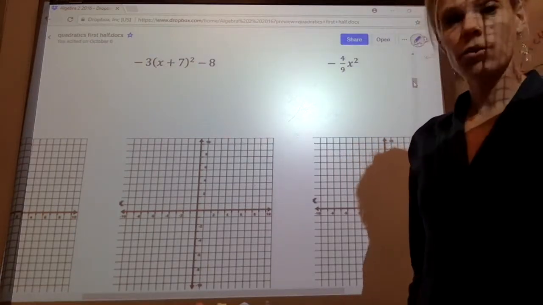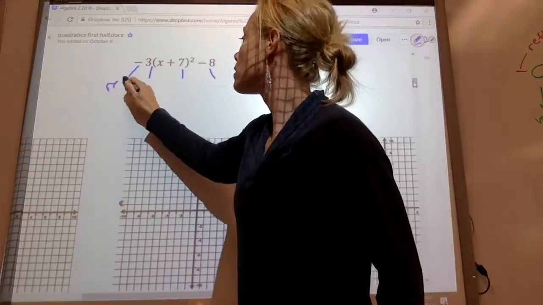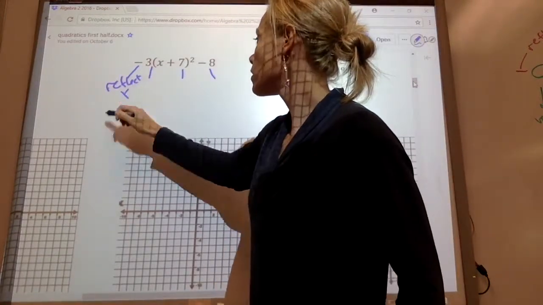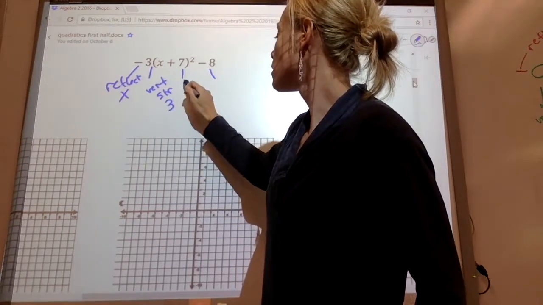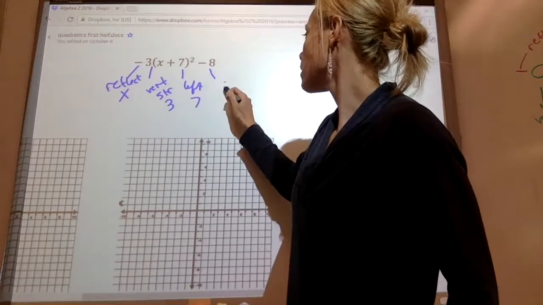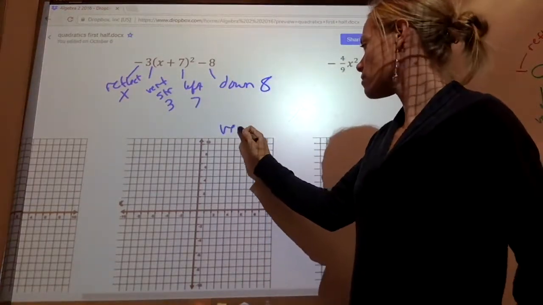Okay. So what are my transformations? Very good. Reflect x, vertical stretch of 3, left 7, down 8. Good. So where's my vertex?